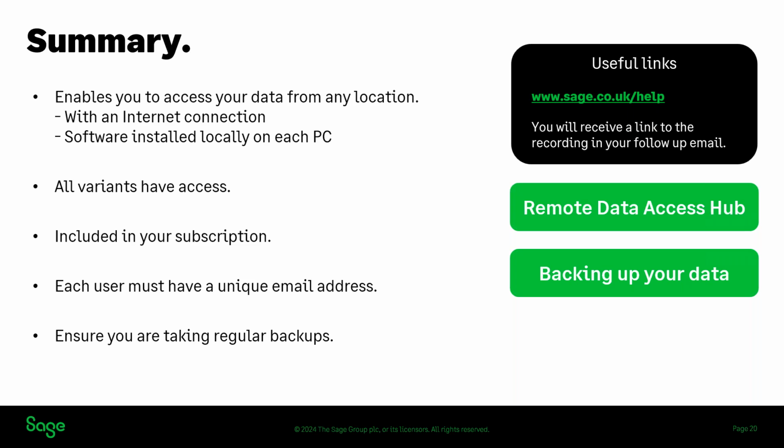Really quite a good question has just come through there from Alison. If you set up remote data access on a laptop as well as an office computer, do you need to have a separate email address for this? So no. So you'd set up remote data access. Say you've got a machine in the office. We'll use Alison's name as a username. So Alison creates a username. You assign an email address to that user.